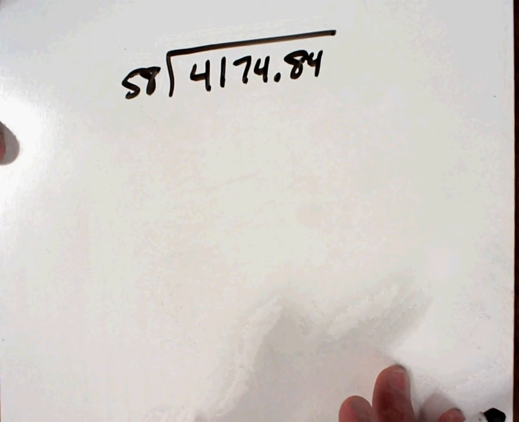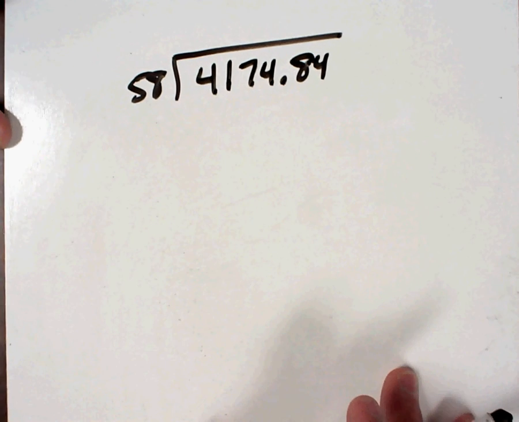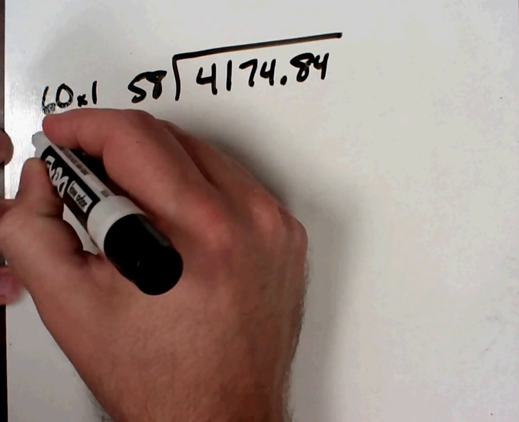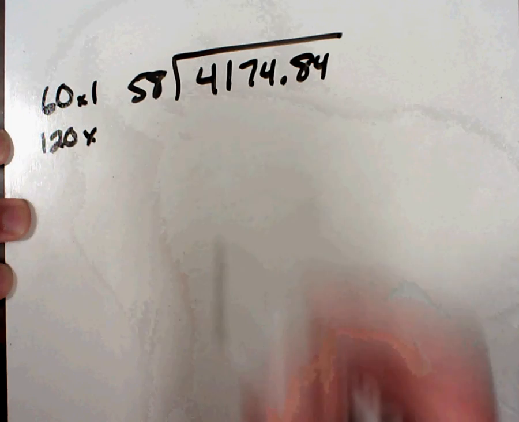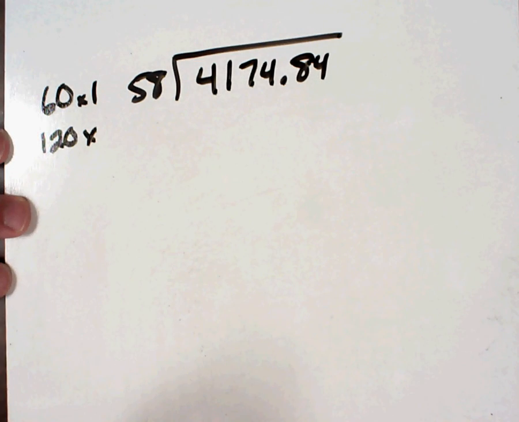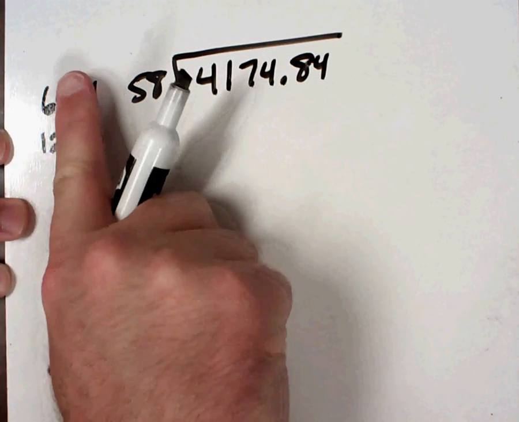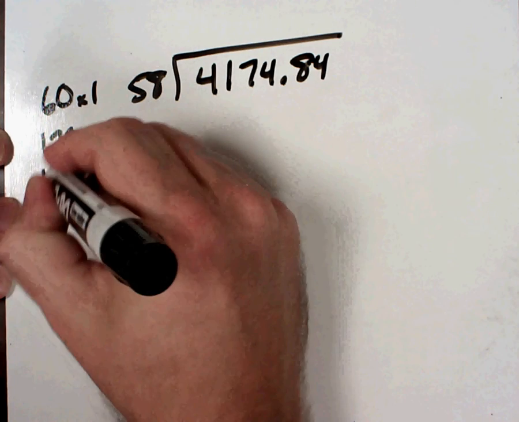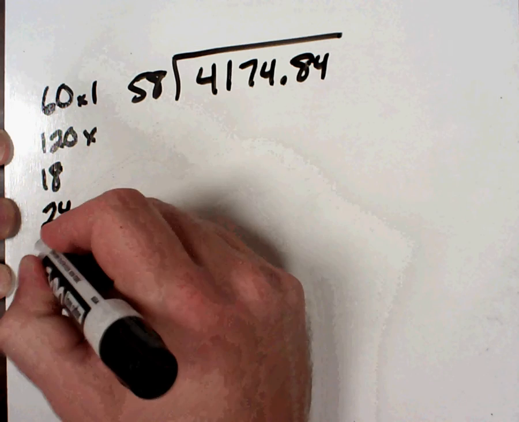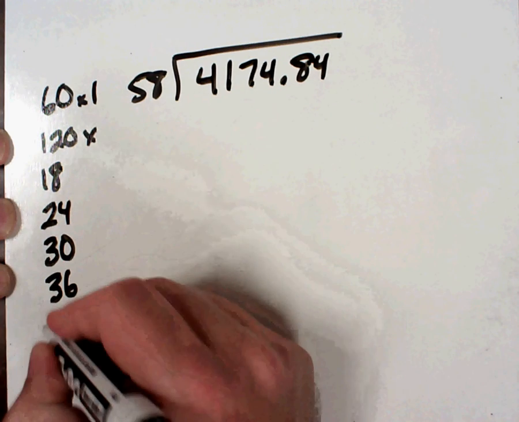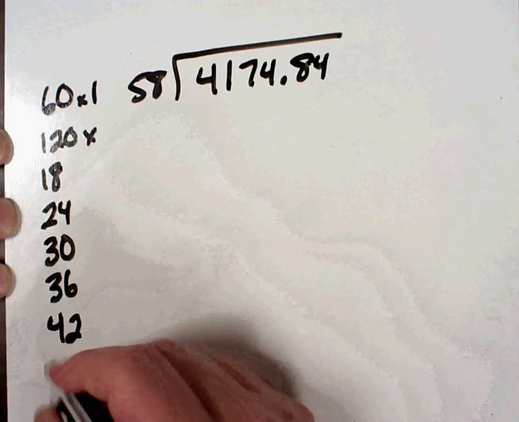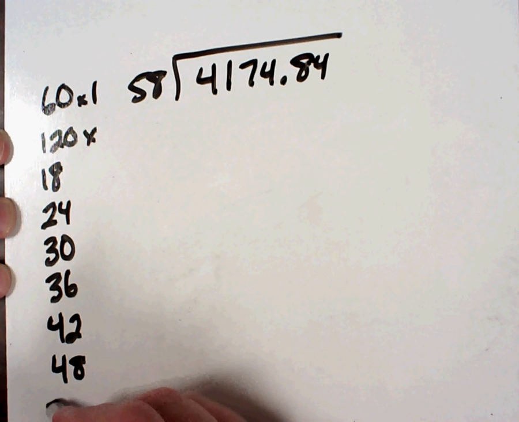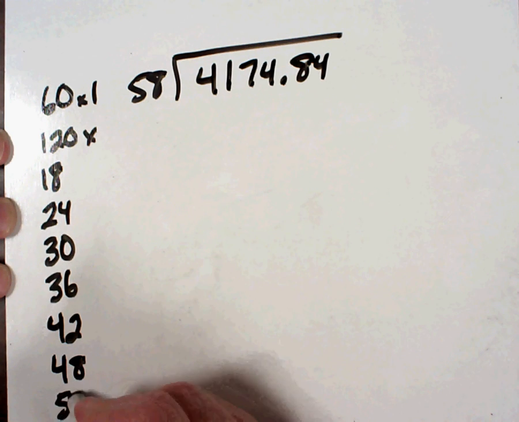So once again, we're going to be dealing with factors of 60. So I think what I'm going to do, just to make this easy, is write my factors of 60 off to the side. And remember, for factors of 60, it's really just factors of 6's without the 0. So 6, 12, 18, 24, 30, 36, 42, 48, 54.